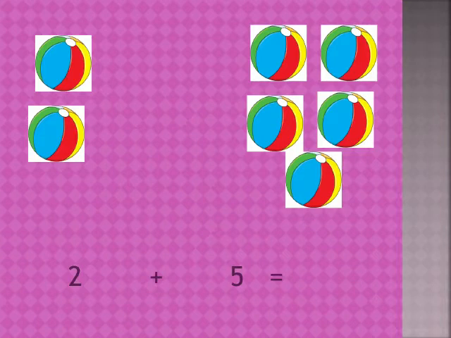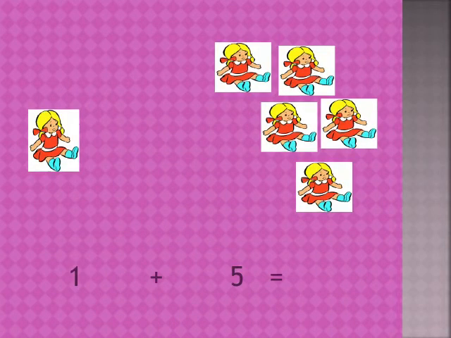Two plus 5 will be equal to 7. Very good. Now count the number of dolls. So 1 plus 5 will be equal to 6.